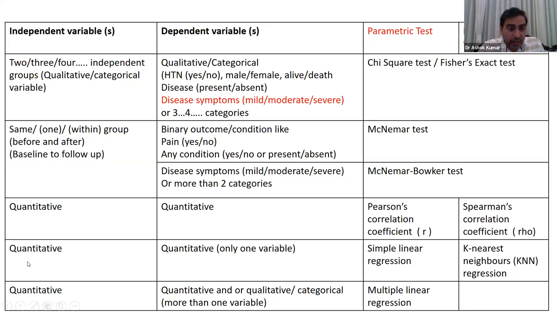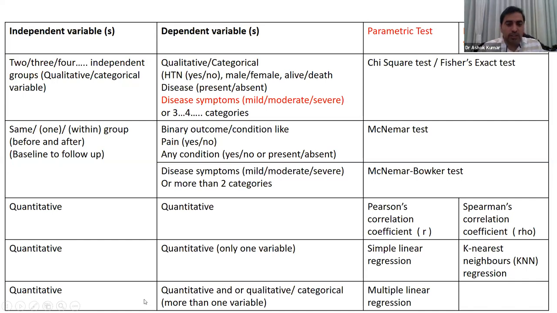But our independent variable here, please see, in case of multiple linear regression, may be quantitative or qualitative or categorical, more than one variable. So please shift this sentence from this cell to this, and the quantitative from this to this. Please read according to this. There is some mistake, so you can understand it.